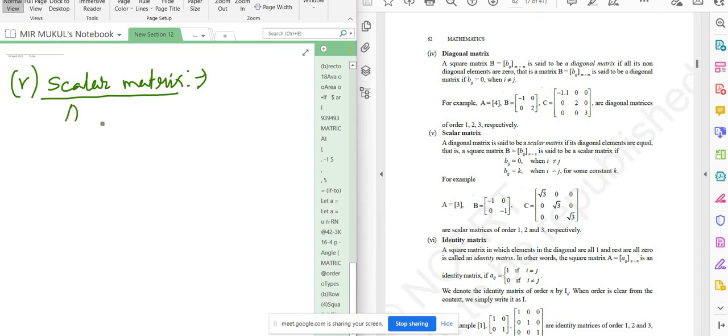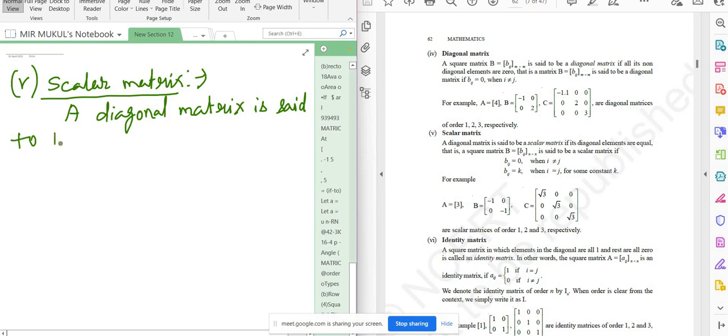So a diagonal matrix is said to be a scalar matrix if its diagonal elements are equal.